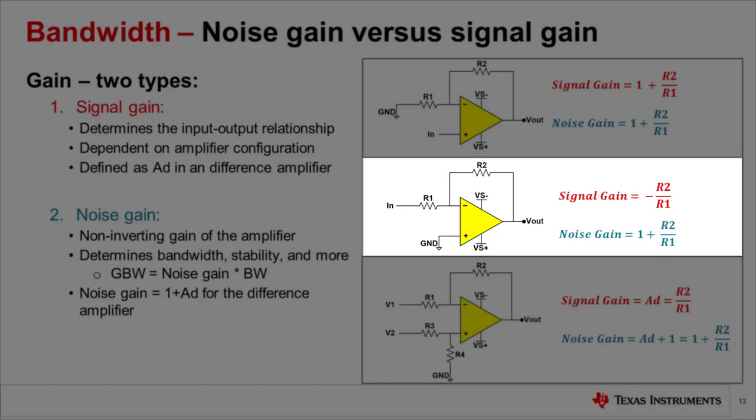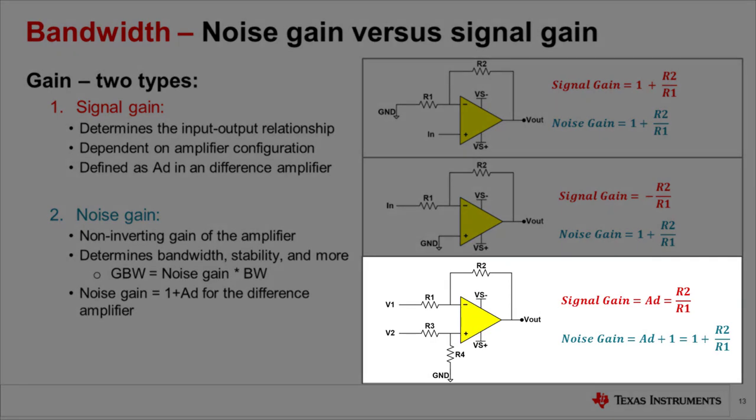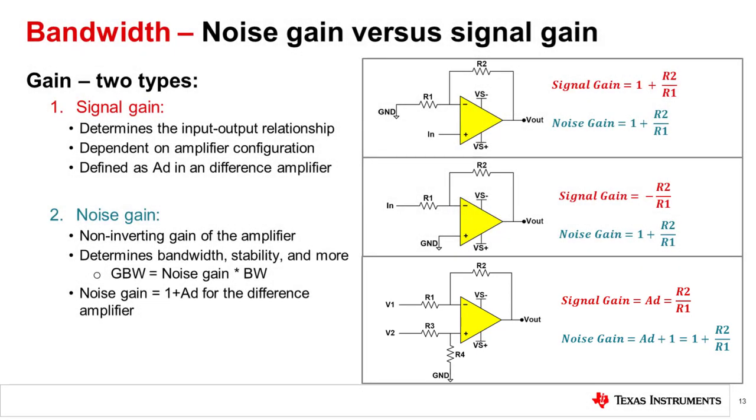The noise gain is the non-inverting gain, so that is 1 plus R2 over R1. The last circuit is the 4-resistor difference amplifier with the signal gain Ad equal to R2 divided by R1. The noise gain for a difference amplifier is 1 plus Ad, or 1 plus R2 over R1. So even in unity gain, the bandwidth of a difference amplifier is cut in half.